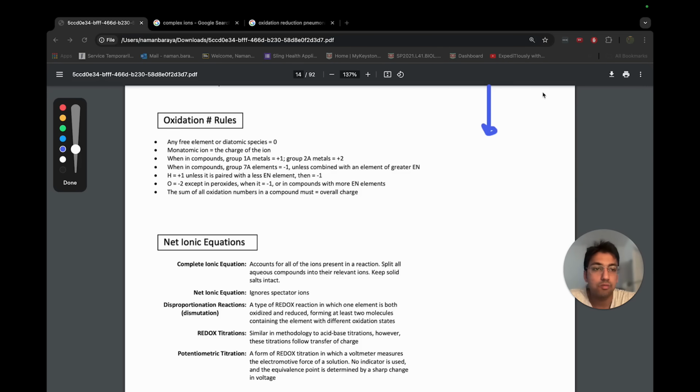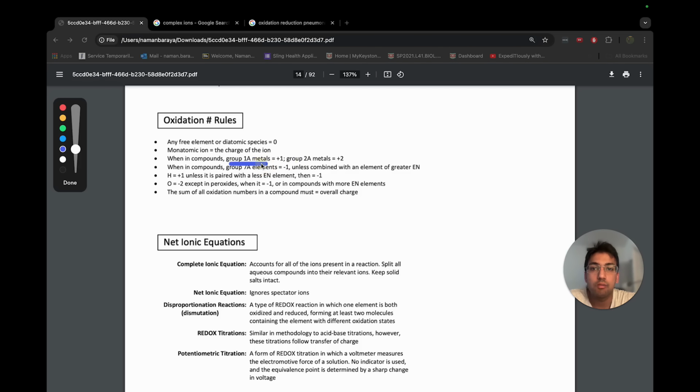Like H would be +1, then P you can figure out, oxygen is going to be -2. And so you just kind of have to walk through these and understand, okay, this is a free element. So if I just have like, I don't know, Na, then that's just going to be 0. If I have Na plus, like a cation, that's just going to be +1.